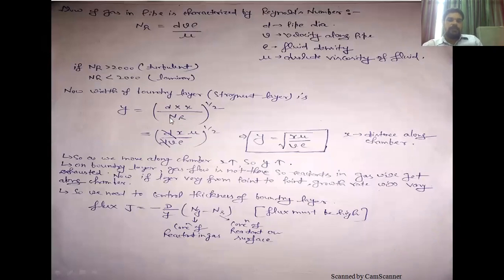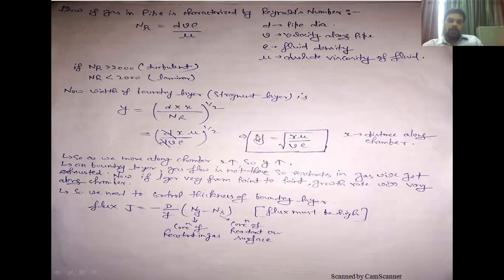If I put the value of Reynolds number here, what I get is the square root of x mu upon v rho. So as we move along the chamber from left to right side, you can see that the width of the boundary layer is increasing.